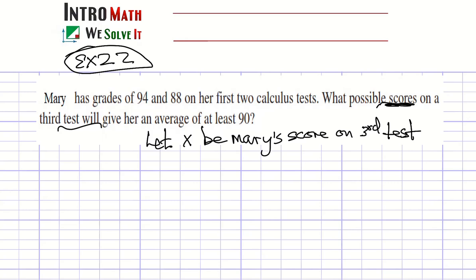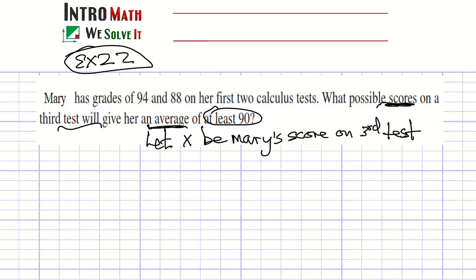We're gonna do this kind of problem a lot when we get into statistics and probability. You know how you calculate tests, you take the average, right? In fact, they use the word average there, to give her an average of 90. They're also saying at least. That word, at least, tells you it has to do with inequality.